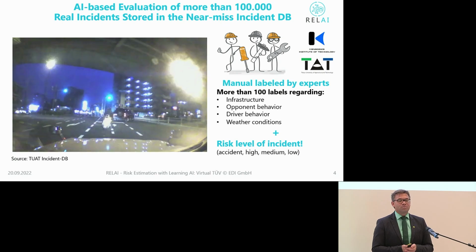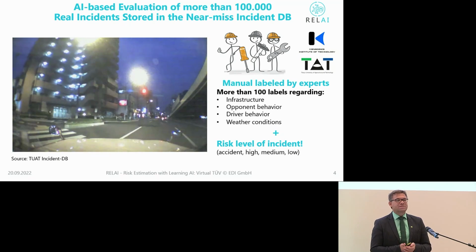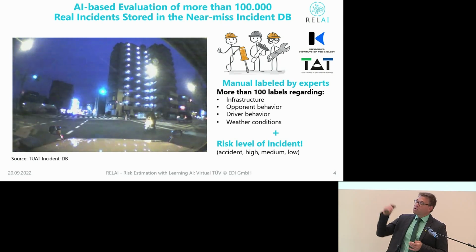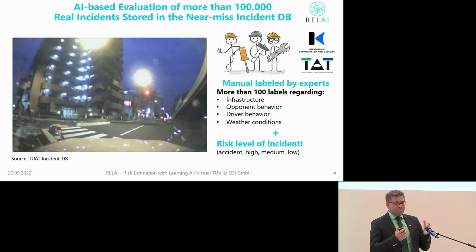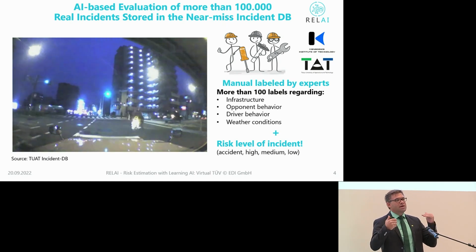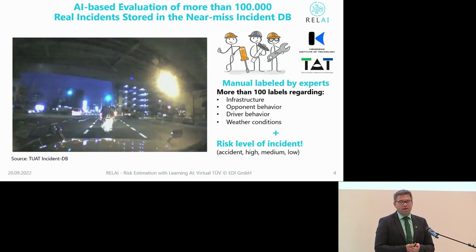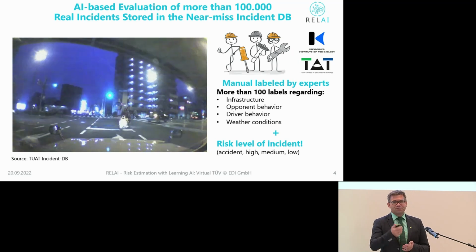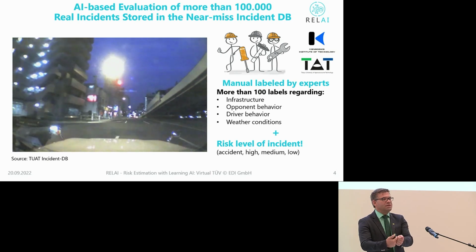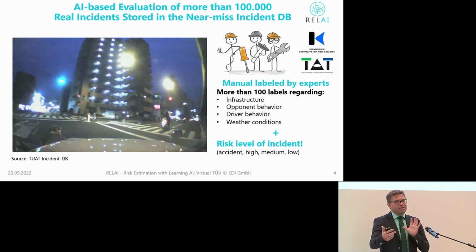This kind of information we had in this database, and we trained our machine learning models, our cluster algorithm, based on these situations. What we also get is information on how critical the accident or the incident was. For sure, and that's really important, if you have an accident, in many cases the ego vehicle and the opponent are still standing afterwards. But with a low-criticality incident, sometimes maybe the pedestrian is not crossing the street even though he was dashing out, and then the ego vehicle can accelerate again during these 15 seconds.